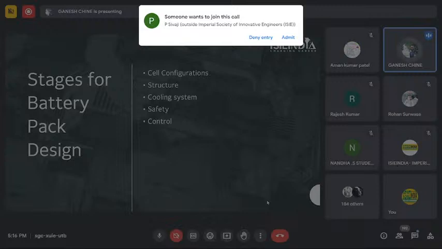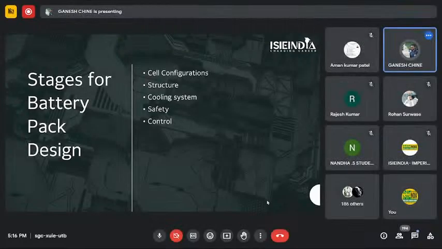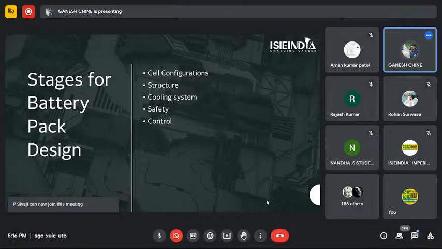That's the mechanical perspective. Now the electrical perspective: we require the bus bar, wiring harness, fuses, and plugs. The bus bar is very important for connecting two cells and connecting all the cells.